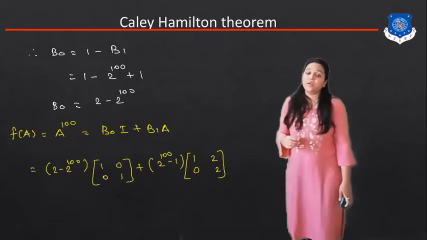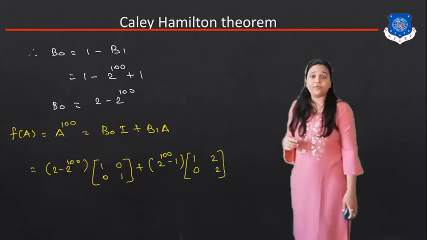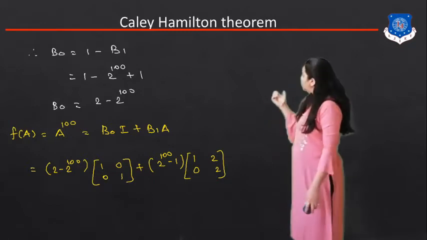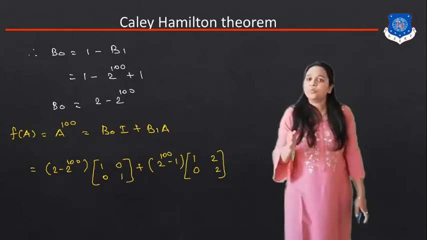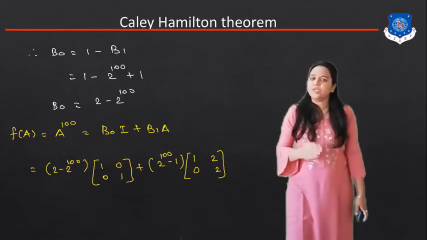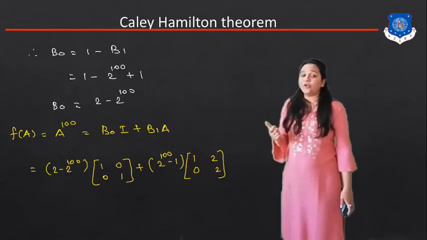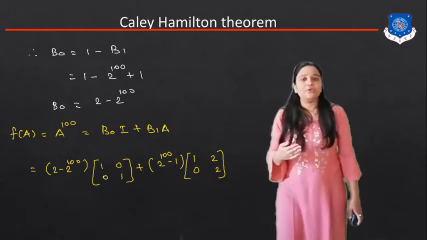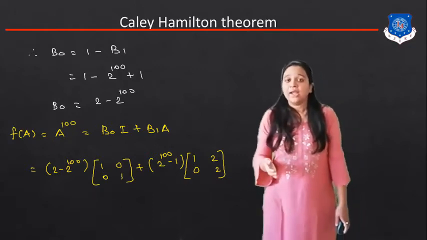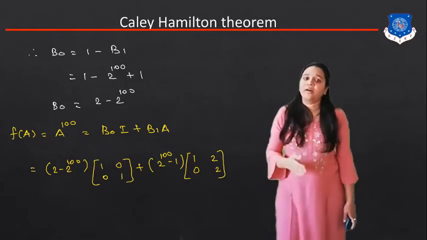Okay, now we have to find the value of A raised to 100. So function of A, that is A raised to 100, is equal to b0 I plus b1 A. We have to find the value of b0 and b1 using the roots, lambda 1 and lambda 2.